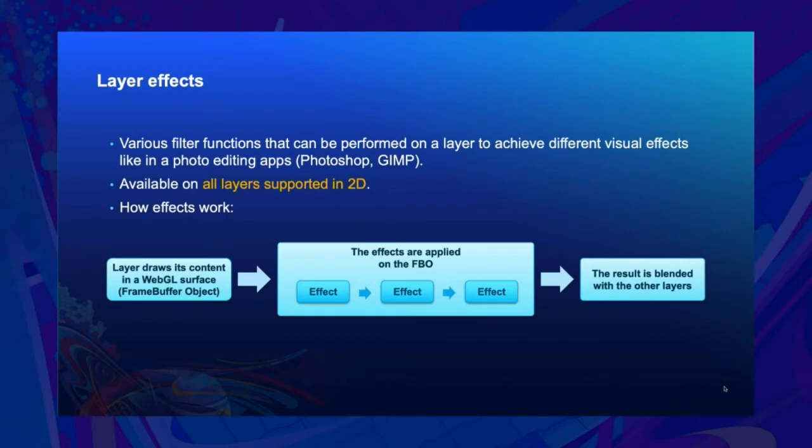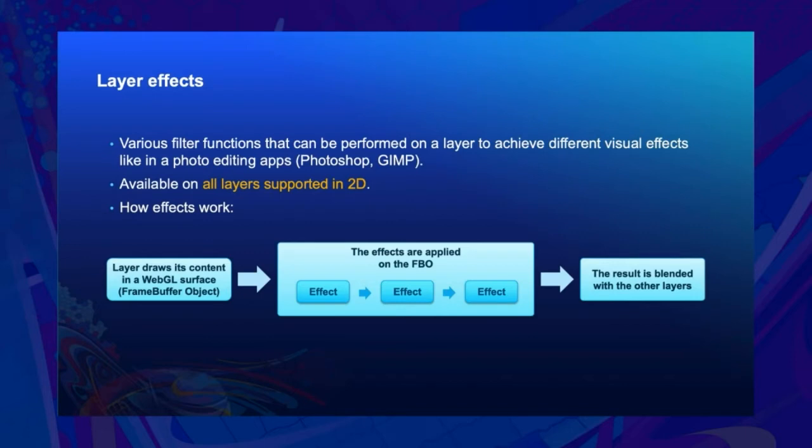The way it works is that instead of the layer drawing its content and then going into blending, like Angel described, with layer effects, between those two steps, we apply different effects to what the layer has drawn. First the layer draws its content on a WebGL surface, the technical term is a frame buffer object.